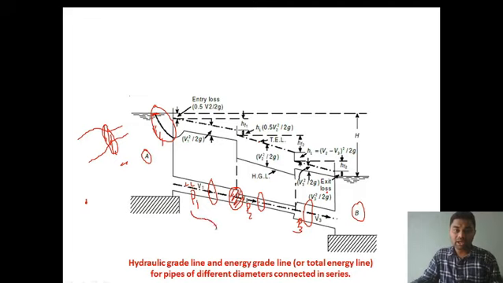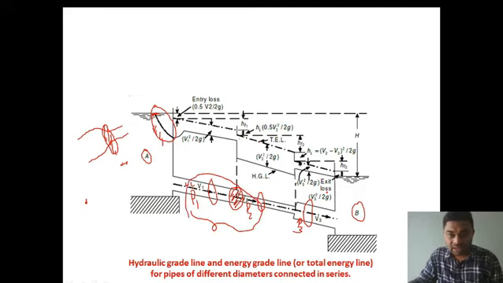When the water is flowing from pipe P2 to P3, there is a considerable fall in the hydraulic gradient line, and this fall continues till there is again a transfer of liquid from pipe P2 to P3.